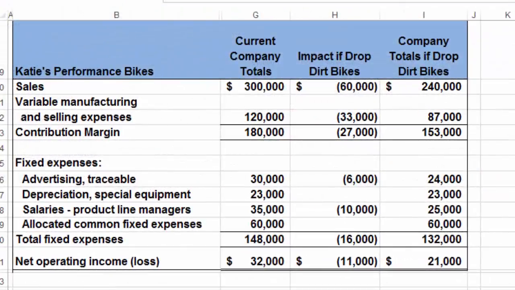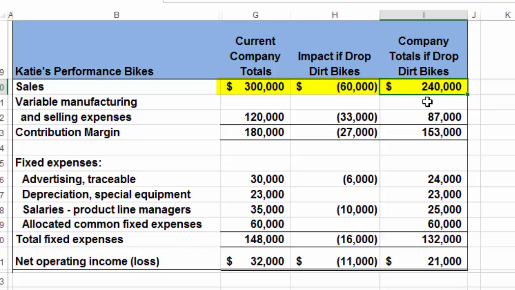In the pro forma income statement that you see on the screen, I took the liberty of showing the impact on the current company totals if Katie drops the dirt bike product line. So you can see that the sales currently are $300,000, and if Katie drops the dirt bike line, she'll lose $60,000 in sales.